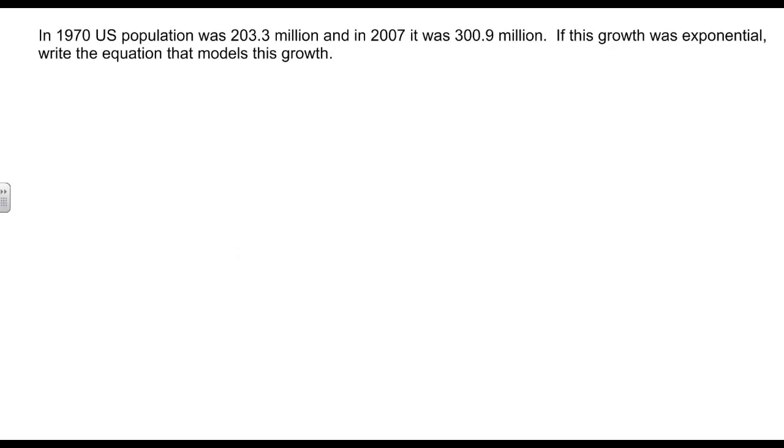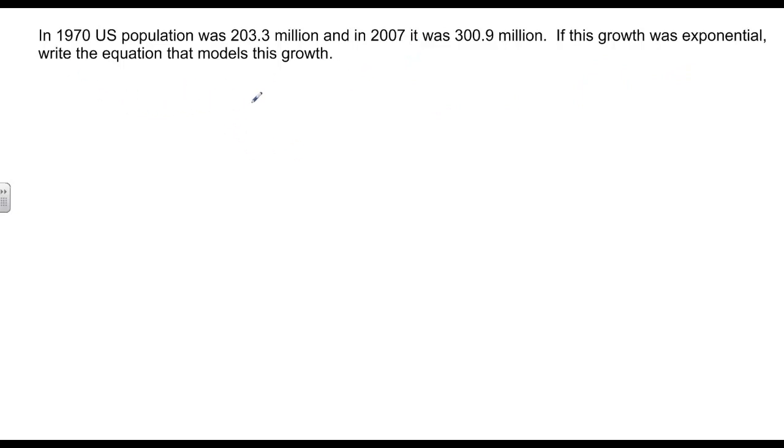So in this first problem, we have an example saying the population of the U.S. was 203.3 million in 1970 and 300.9 million in 2007. Given that the growth was exponential, we want to write an equation that models the growth.